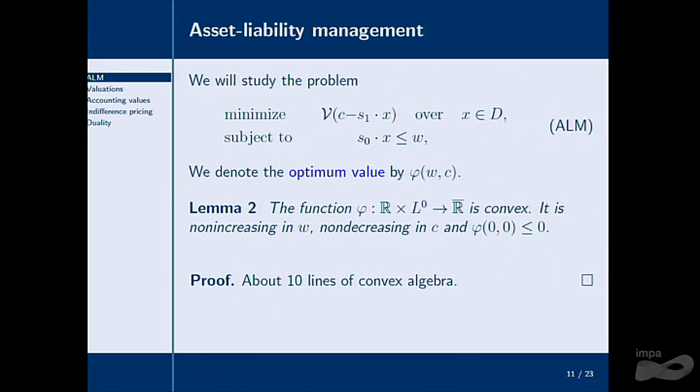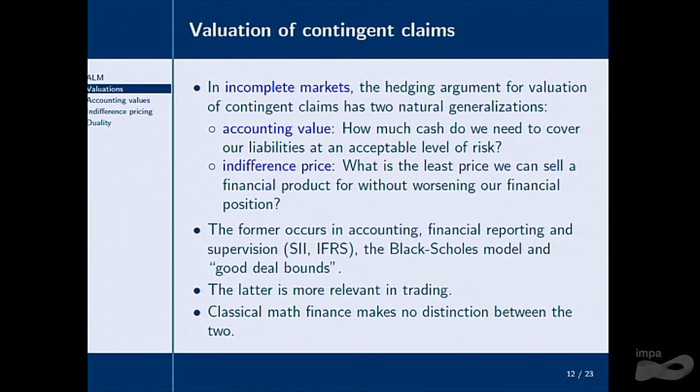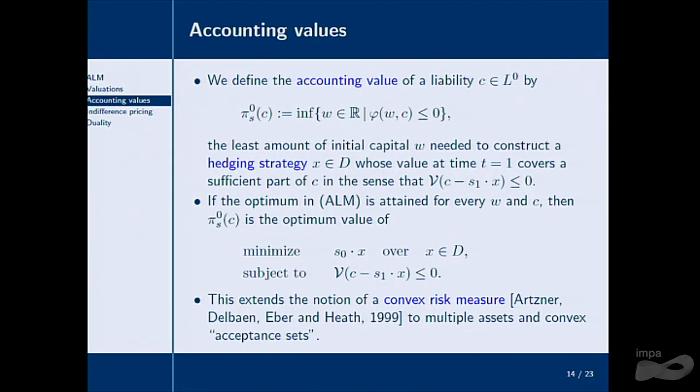You might be able to find slightly better and better, but never really the optimal thing. It's not a big assumption to assume that it does exist, but one doesn't have to. If you do assume that it exists, then the accounting value defined as such can be written as the optimum value of this optimization problem, where you explicitly constrain the risk of your terminal net claim to be less than or equal to 0. You look for the portfolio in the set of feasible portfolios so as to minimize the initial cost of your hedging portfolio.